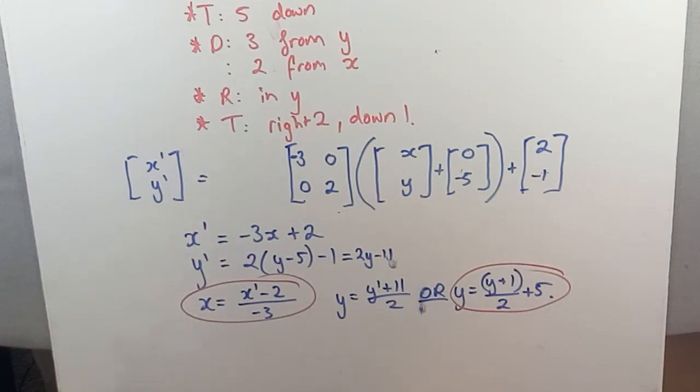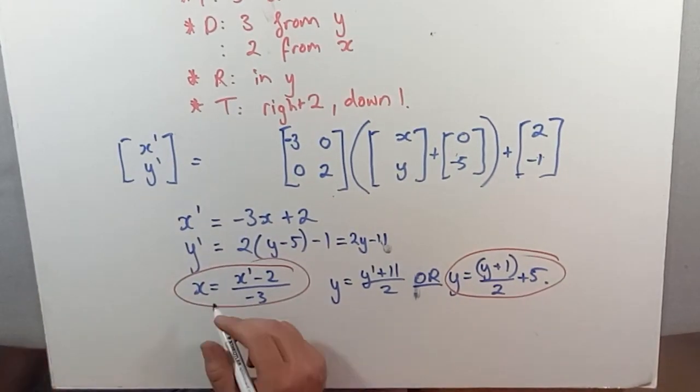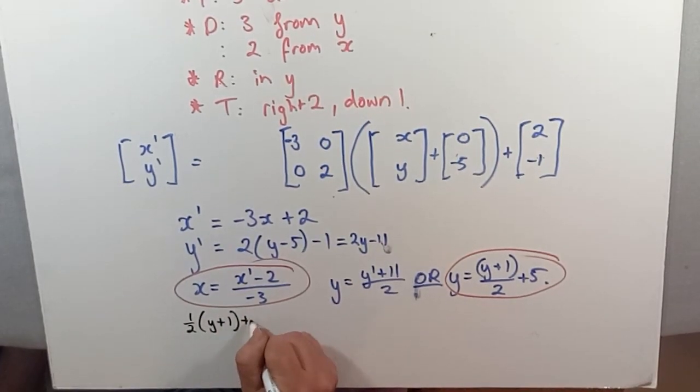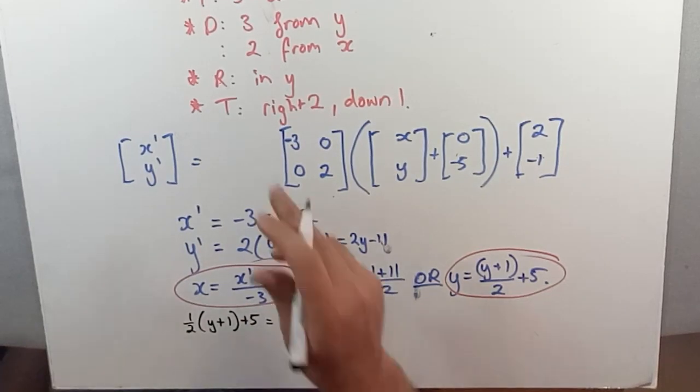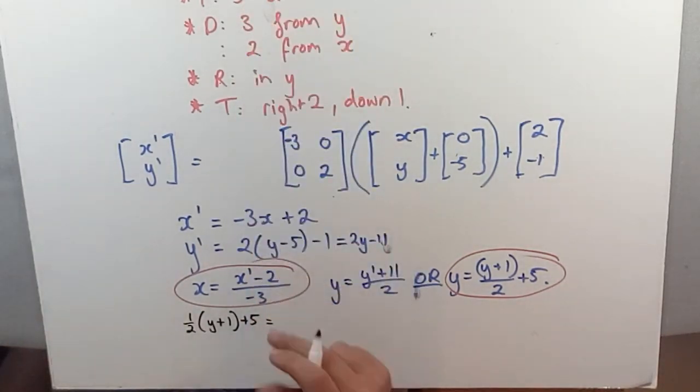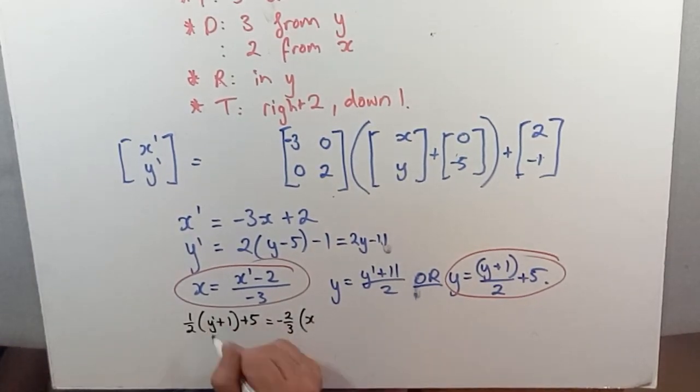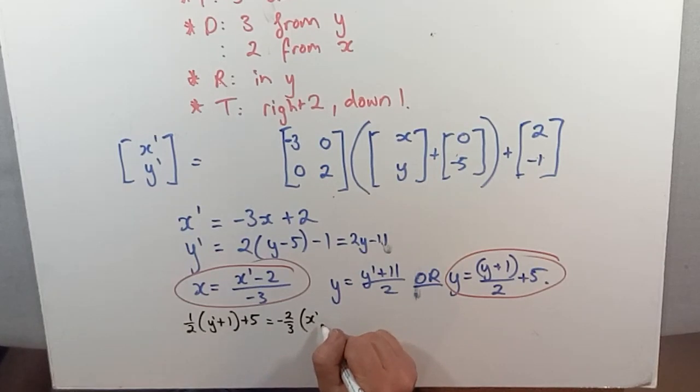So let's put this in for y. Running out of room here pretty desperately, but we'll do our best. So I've got 1/2 of (y plus 1) plus 5 is equal to 2 times x. So I get negative 2/3 of (x image minus 2). I forgot to put the image sign there.